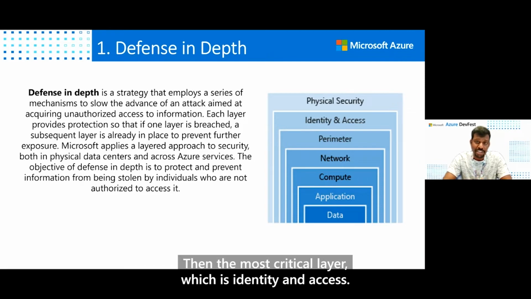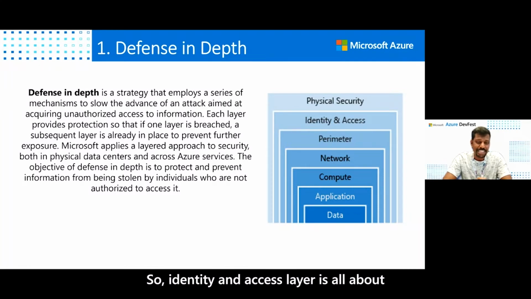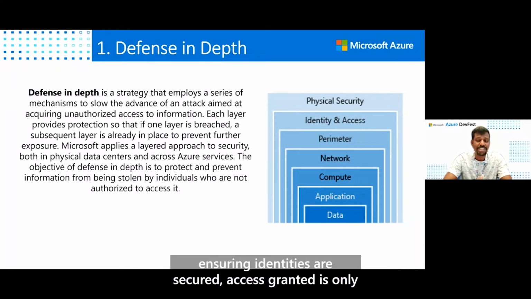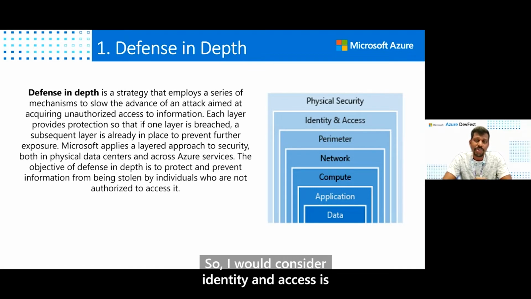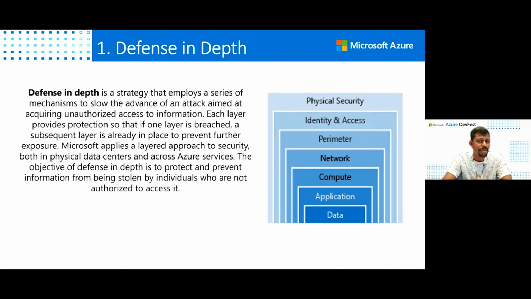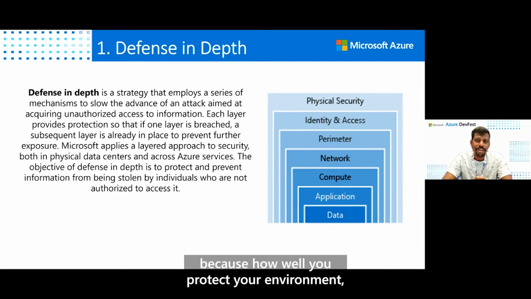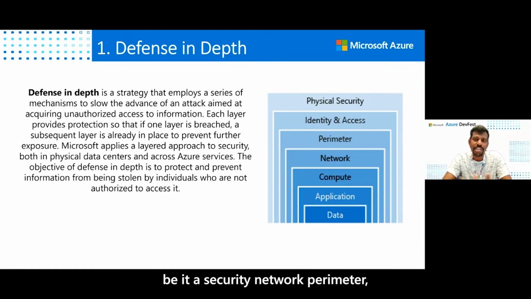Then the most critical layer, which is identity and access. The identity and access layer is all about ensuring identities are secured and access granted is only what is needed, right? To me, identity and access is one of the sensitive layers we have to be more cautious about, because no matter how well you protect your environment, be it security, network, perimeter, application or data, if your identities get compromised, then it's straightforward.